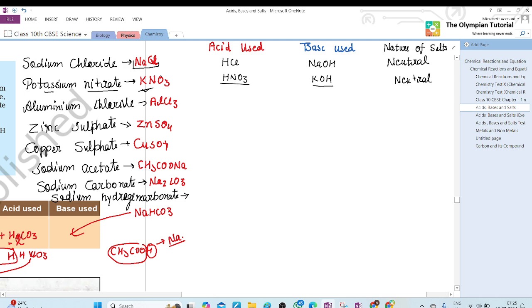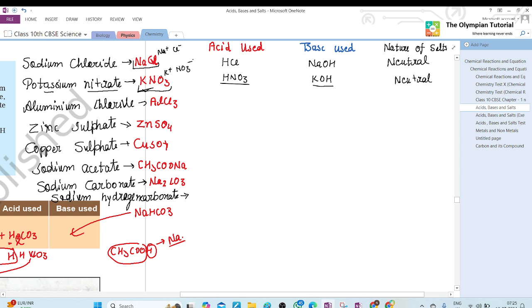Now, next one, Ayukta, KNO3. Which one is positive and which one is negative? K will be positive, and NO3 will be negative.